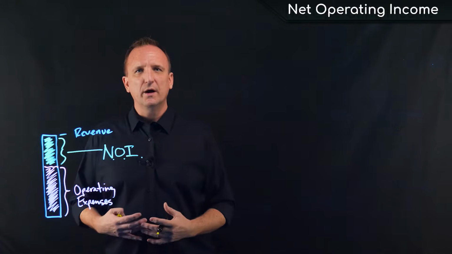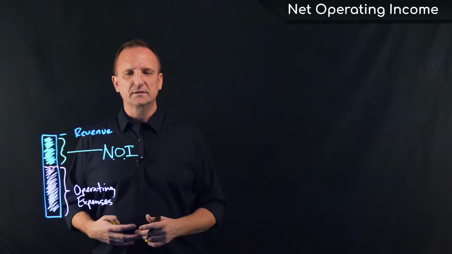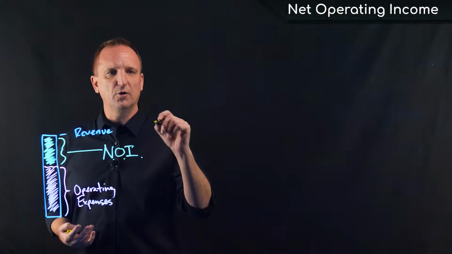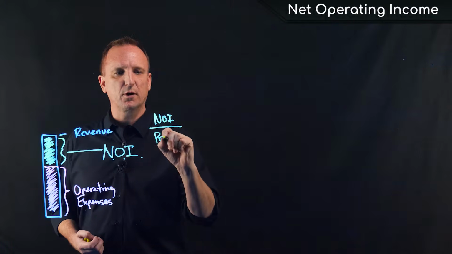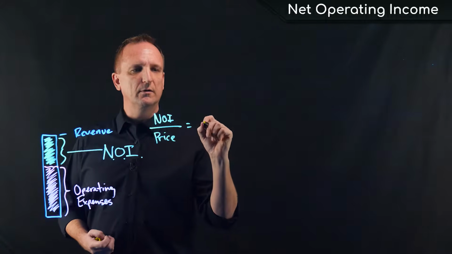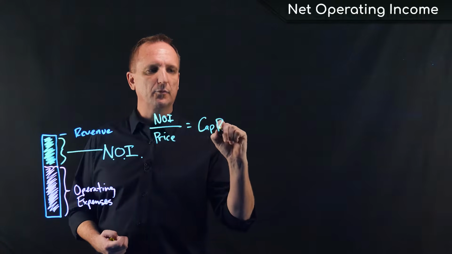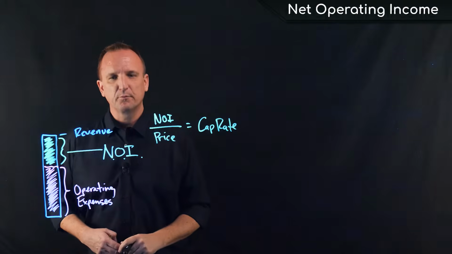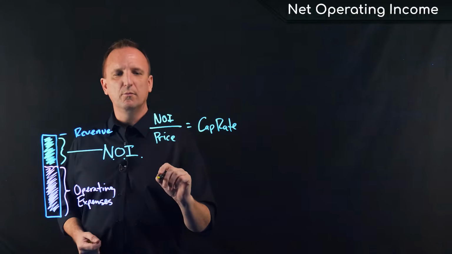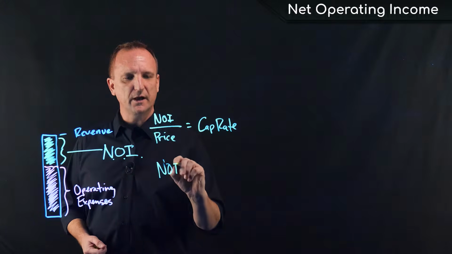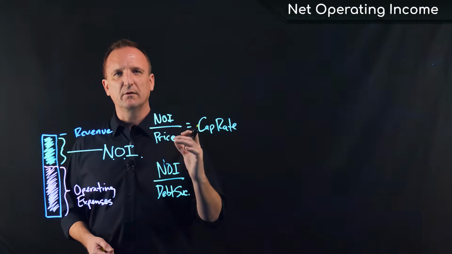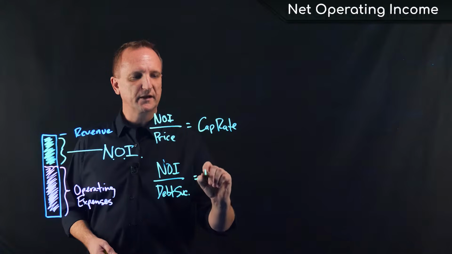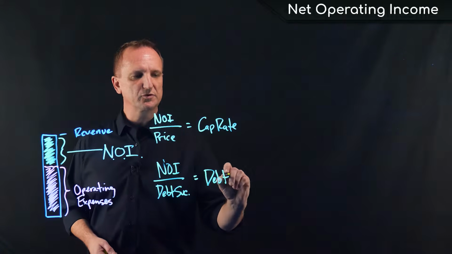Now, NOI can be used for a lot of things. For instance, if we take our NOI and we divide it by our purchase price or value, that gives us our cap rate. NOI can also be used to calculate if we take our annual debt service, or NOI divided by our annual debt service, that gives us our debt service coverage ratio.